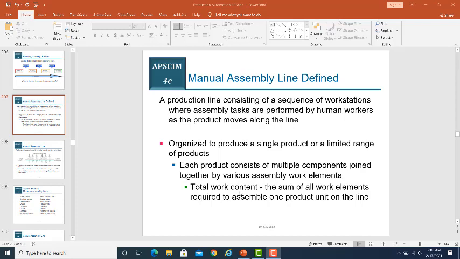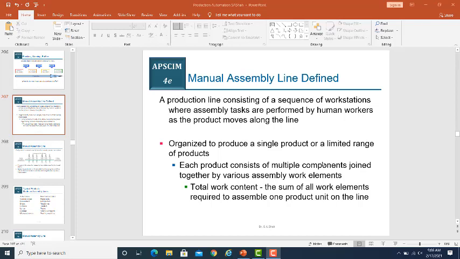So, for example, if you have two components and you want to join them, the total work content will be the combined form of these two components. And the operations involved in that particular assembly will be the work elements.